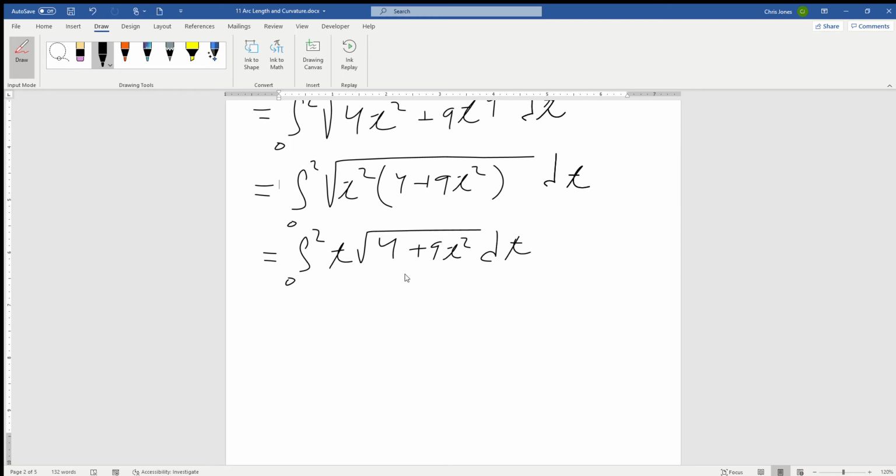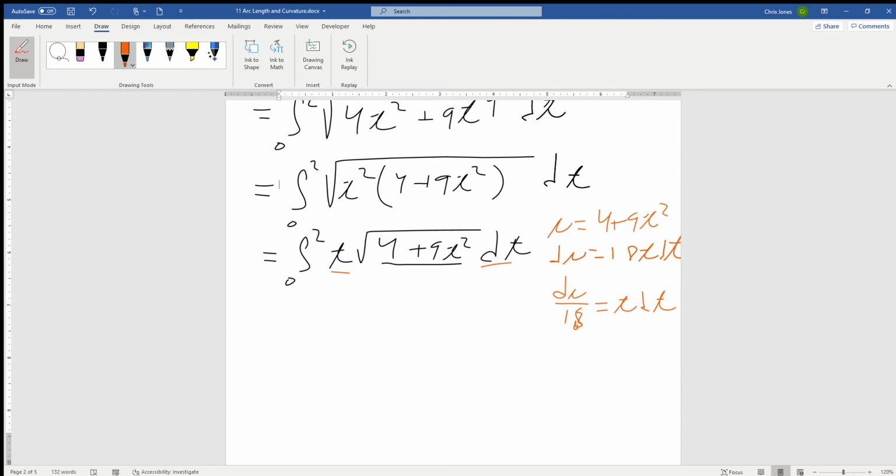That's a really easy integral to evaluate now, because if we take the derivative of what's underneath the radical, we almost get the t on the outside. Let u equal 4 plus 9t squared. The derivative is 18t dt, and that's almost what we want, we just don't like that 18, so we rewrite this as du over 18 equals t dt.